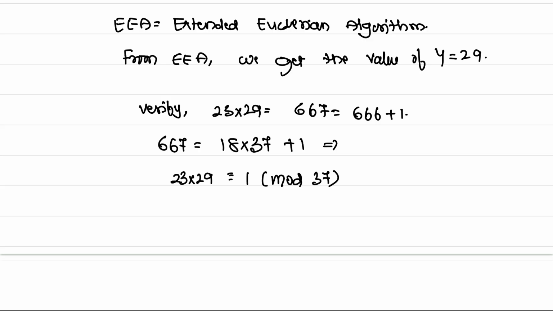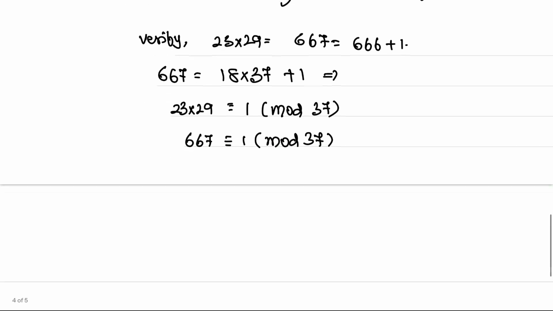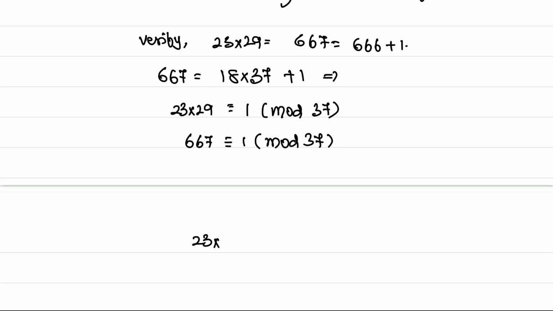If you replace 23 into 29 with 667, then 667 is congruent to 1 mod 37. We want 23 into something congruent to 1 mod 37, so the right hand side should be 1 mod 37. 29 is the modular inverse of 23.